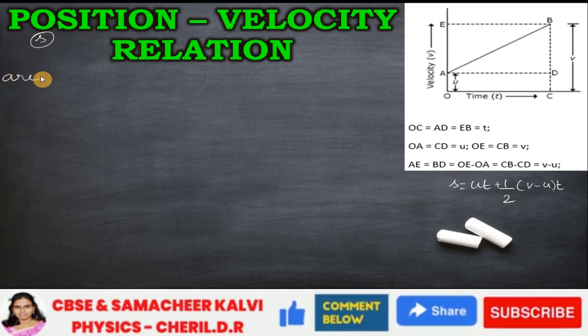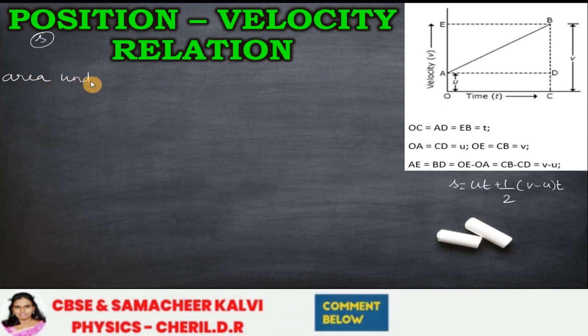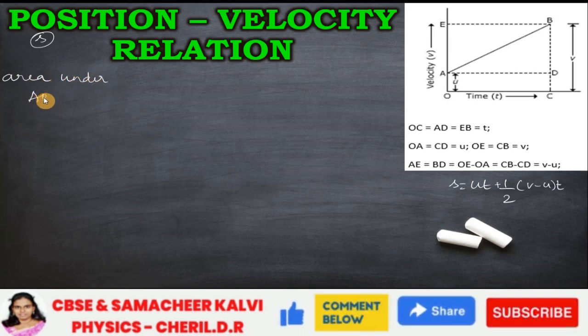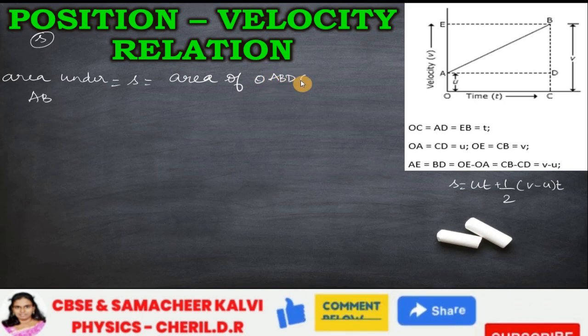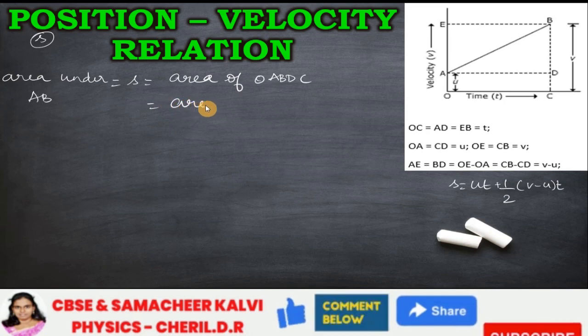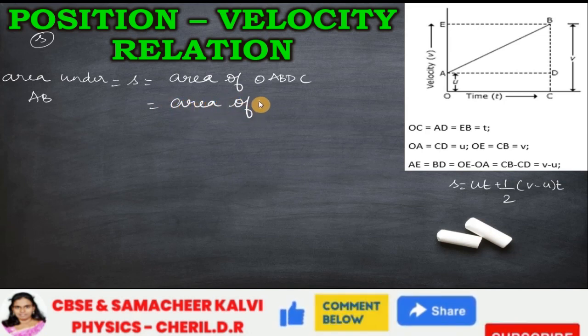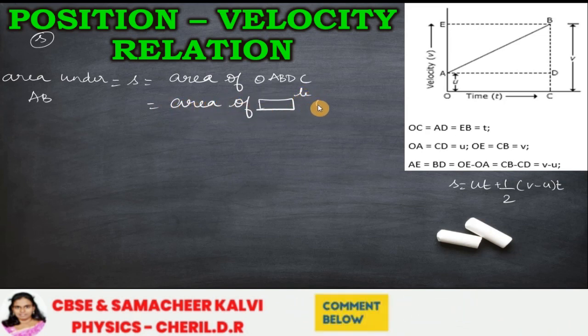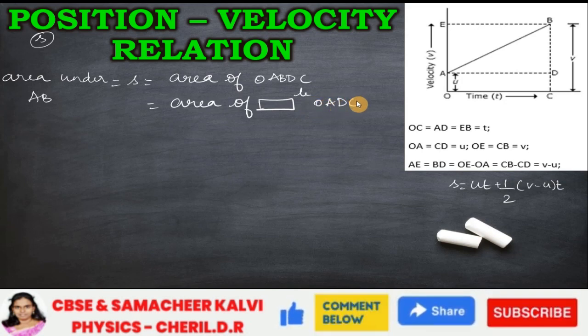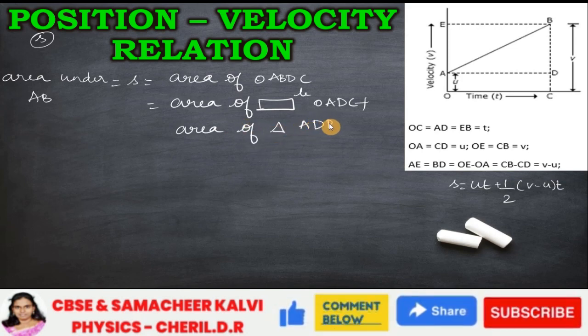So the area under AB will give you the distance s, which is the area of the trapezium OABDC, which is the area of the rectangle OADC plus the area of the triangle ADB.